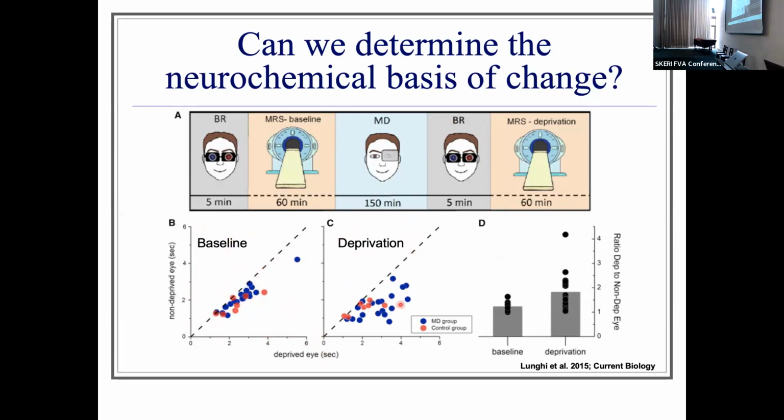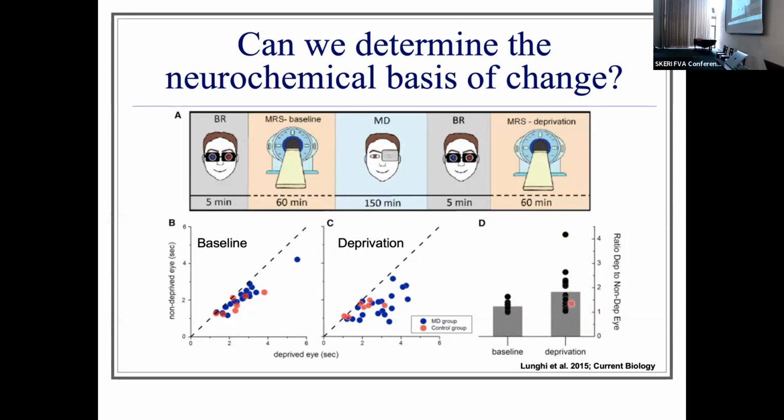After deprivation, all the blue dots are shifted underneath this line, suggesting that they now spend more time perceiving through the deprived eye than the non-deprived eye. And again, that's summarized here. Instead of a balance of 1, so the ratio equaling 1, you can see it's now spread between about 1 and about 4. So we get the behavioral effect.